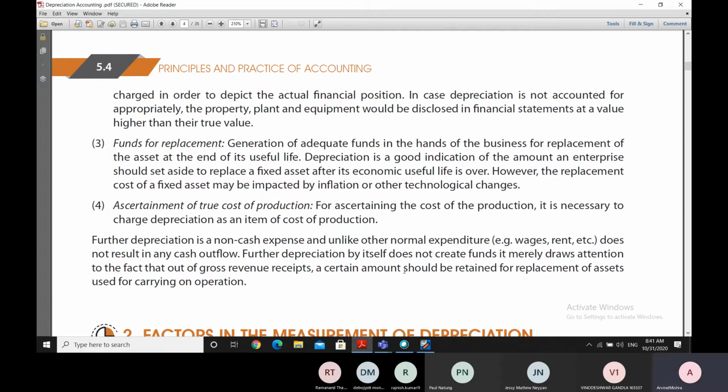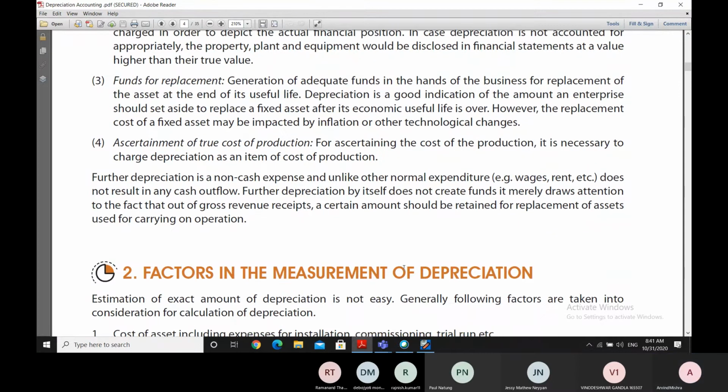It will just give an indication as to what our actual profits are and what the situation is regarding the availability of the funds to replace the assets or to replace the older assets with much better assets.